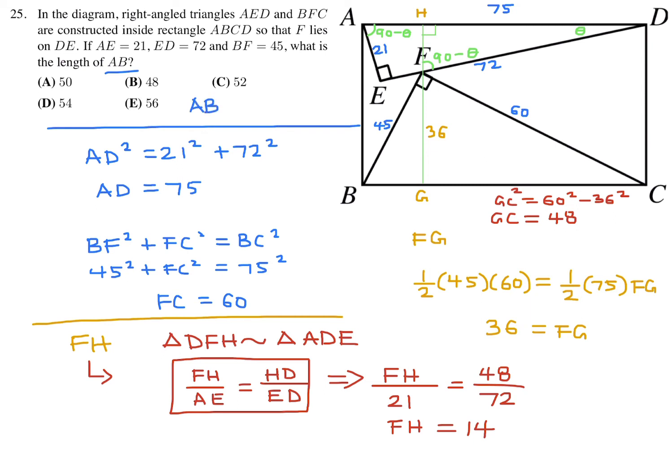AB is equal to FH plus FG. And both of those we figured out. FH we figured out as 14, and FG we figured out as 36. And therefore 14 plus 36 is 50. So number 25, the answer is A.